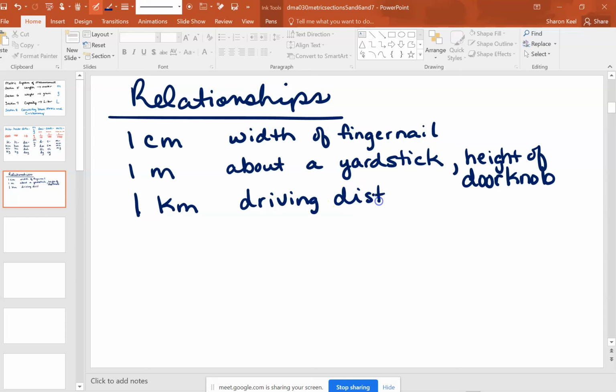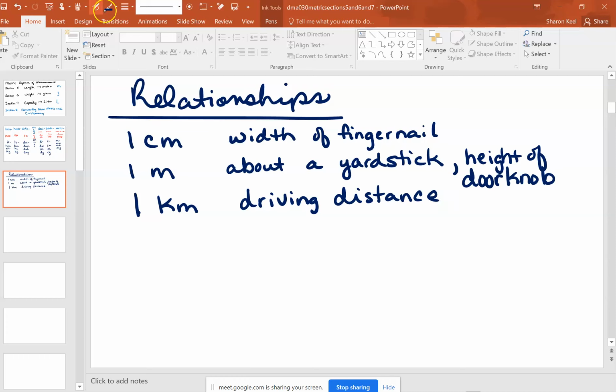When we say it's 5 miles to get to Nashville from the college, in kilometers, kilometers will be the measurement you would use, not centimeters or meters. If you're doing the depth of a swimming pool, you would use meters. If you're measuring the width of a paper clip, you would use centimeters.